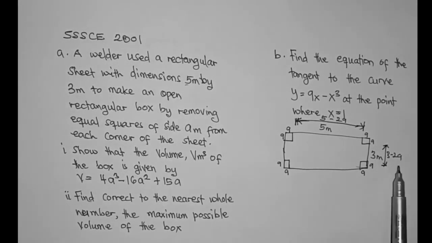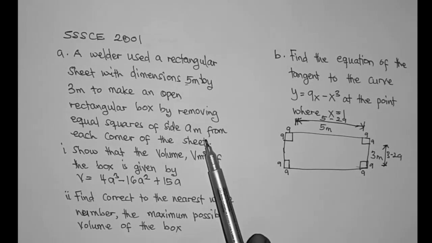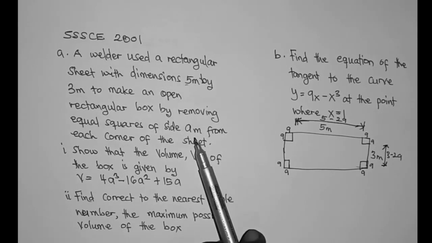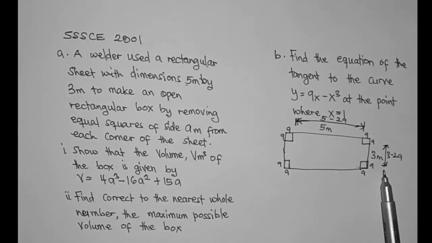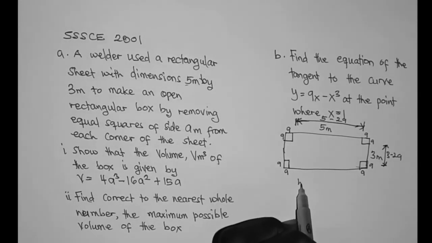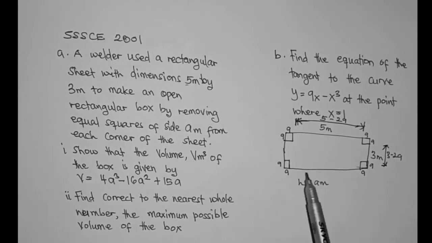Since you remove squares of A meters, the height of this rectangular box is A meters. So each height is equal to A meters. From this point, we are in a good position to find the volume.